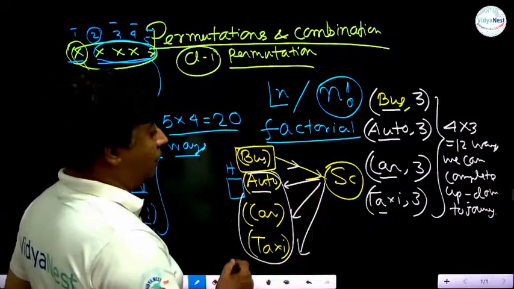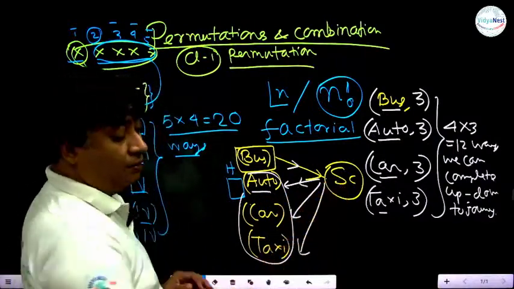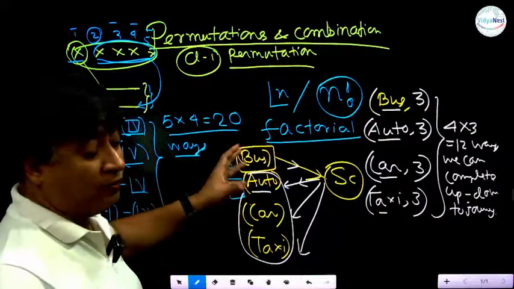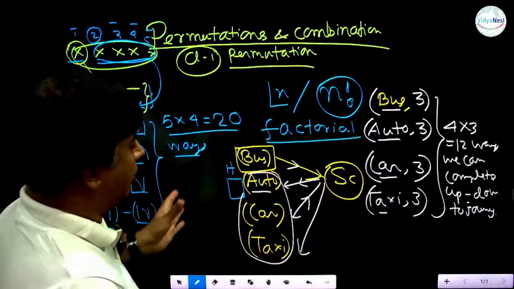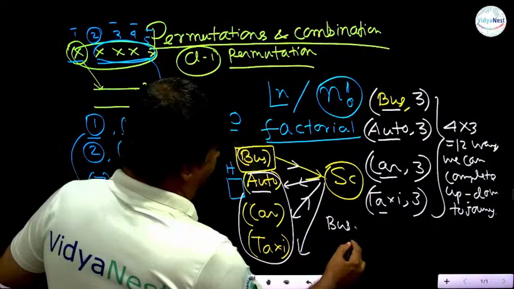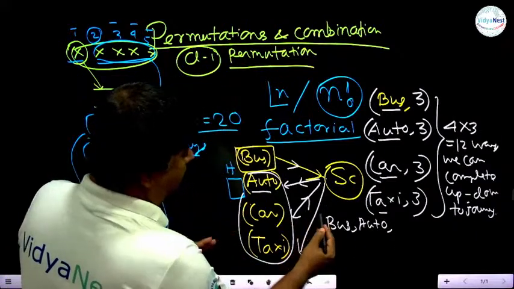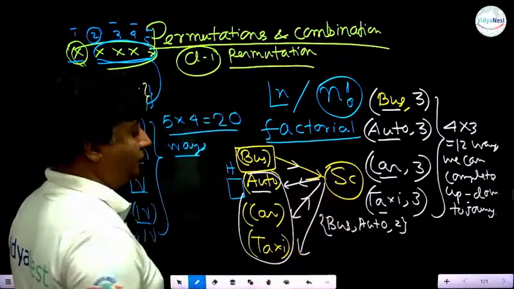Then you will sooner or later return back, and again, two vehicles are already chosen. So again you have to go. Suppose you choose bus and auto, then you will have only two vehicles to go to your school again.